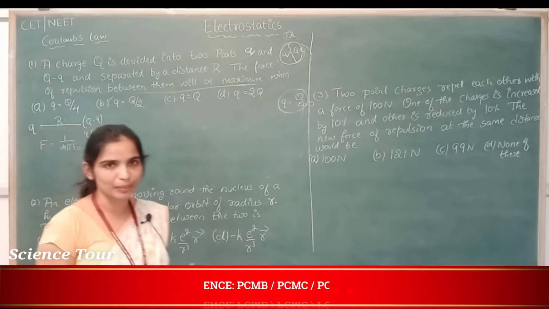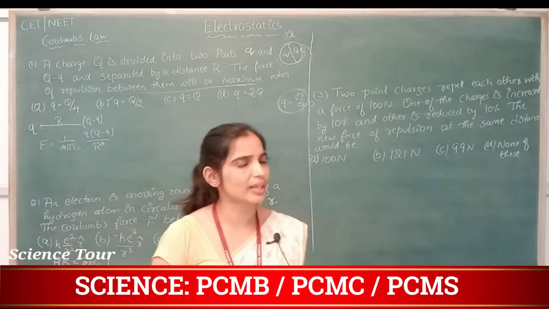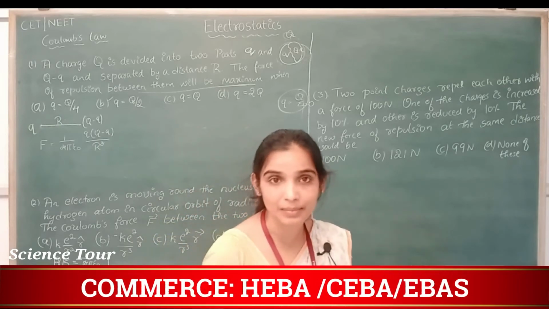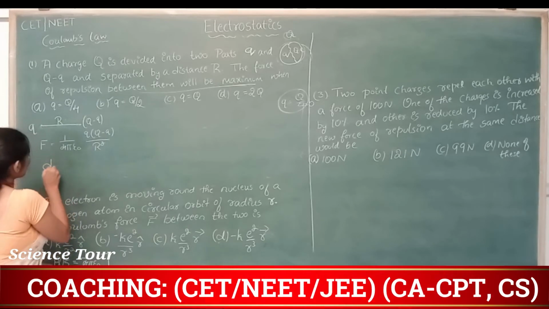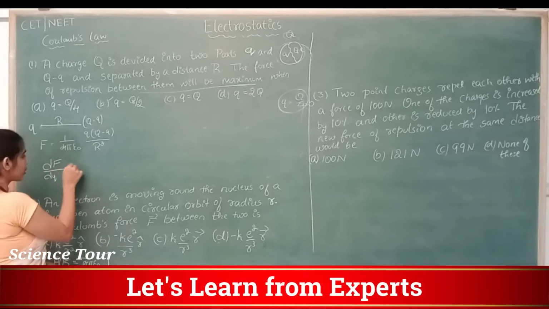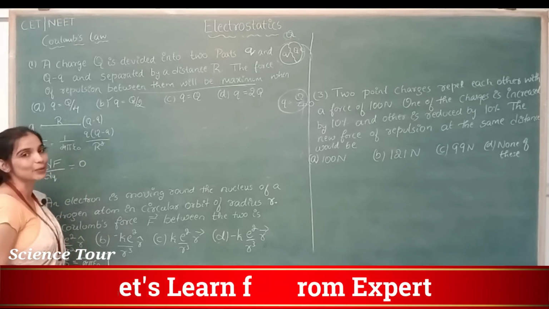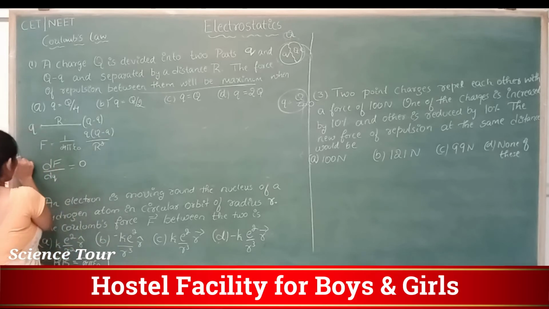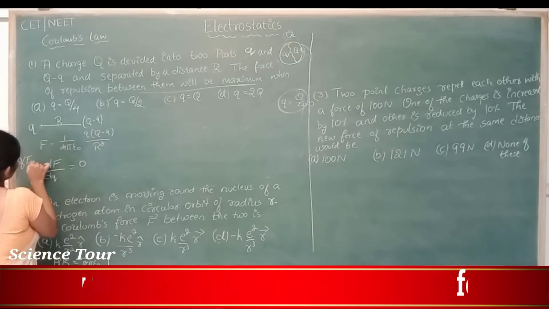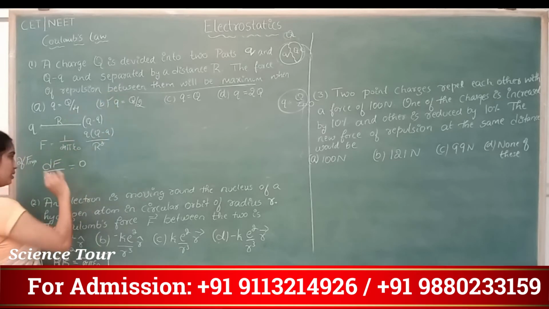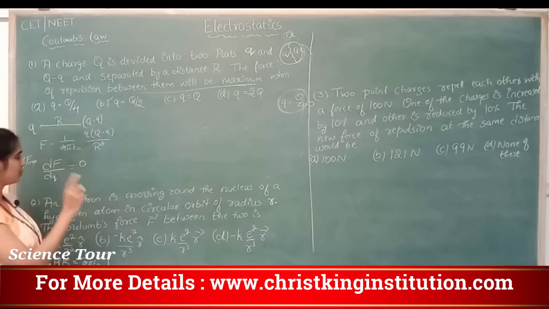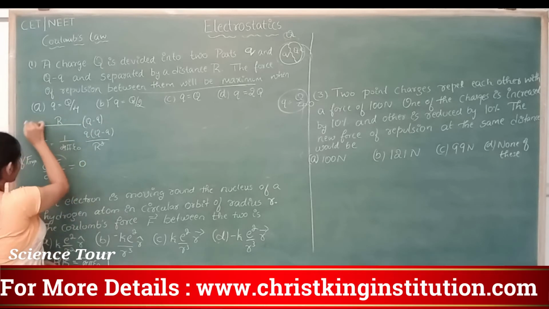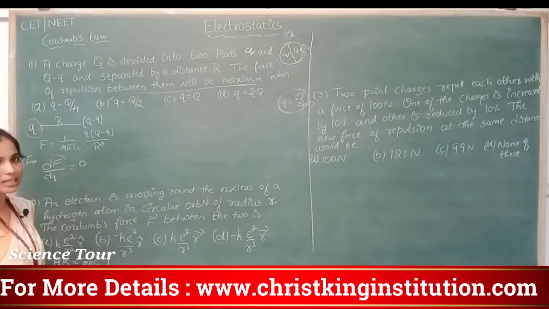So you should always remember, when the electrostatic force, whether it is attraction or repulsion, is maximum, the differentiation of that force with respect to that charge is equal to 0. Remember always, when the electrostatic force is maximum, here it is repulsion, even if it is attraction, if the force between the two charges is maximum, then the differentiation of that force with respect to any one of the charges is equal to 0.